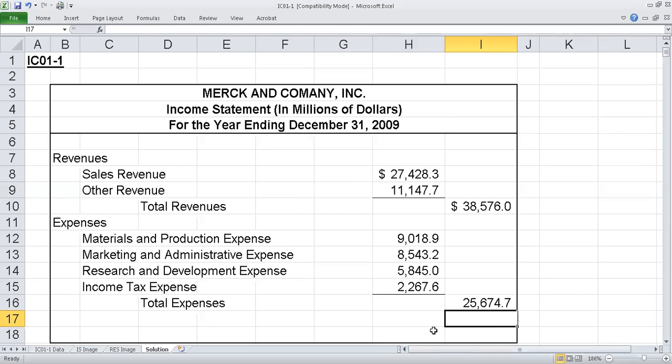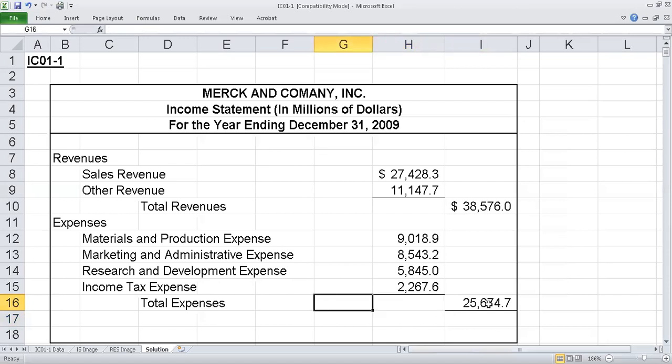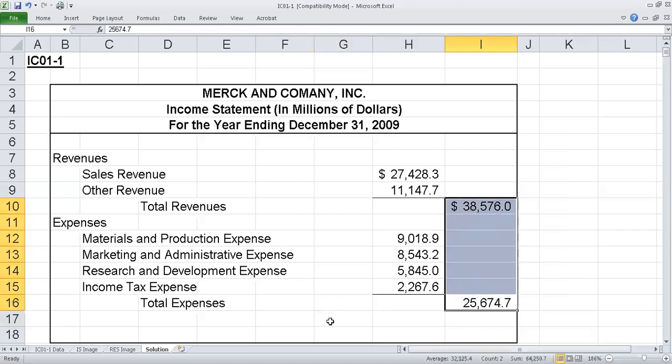So we're almost done. At this point, another single line gets drawn under 25,674.7. And it again indicates math, but this time it's not addition, it's subtraction. Income statements are revenues minus expenses.